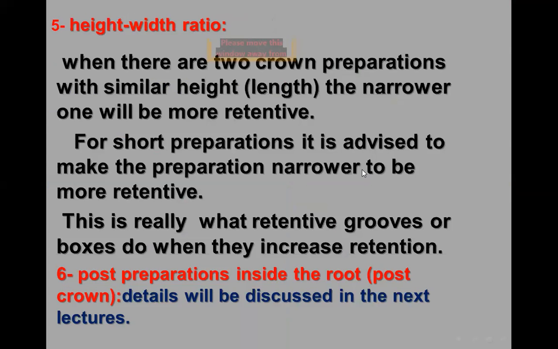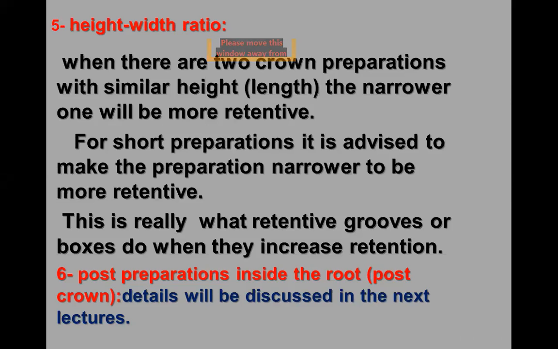Now, another factor which may affect the retention of the crown: if we have a short or tapered preparation, and it has little retention, what can we do? We can narrow the preparation.